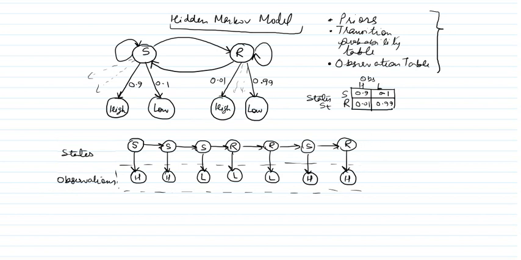I may like to predict the next state again. Given the next observation, because I can observe only, I will measure the temperature, whether it is high or low, right? Then what is the next state? This is required to predict.